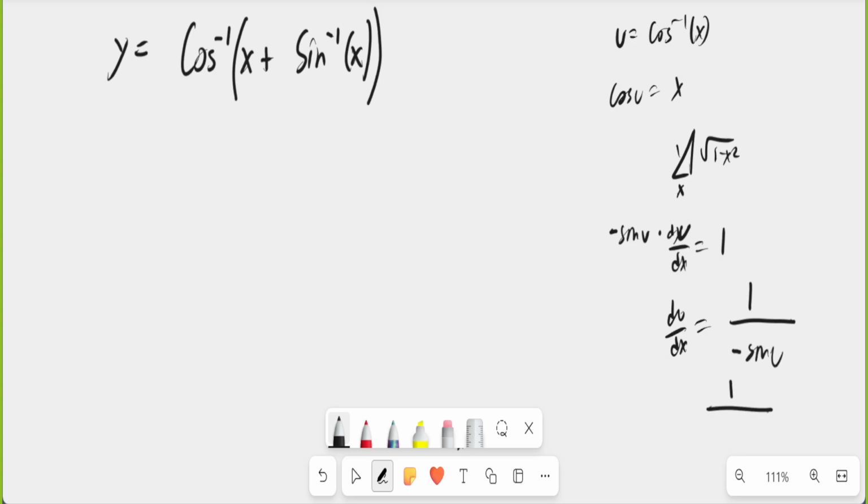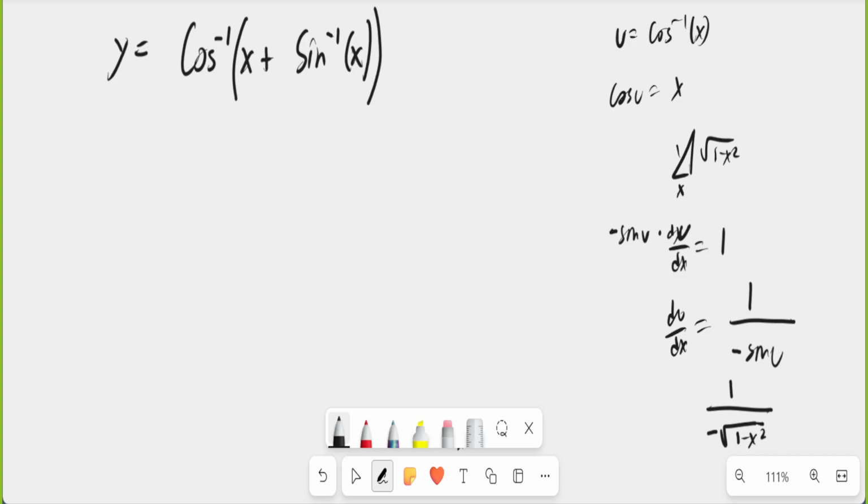So 1 over negative square root 1 minus x squared. Is that the derivative of cosine inverse x? Can you guys hear me? Yeah, seems right. Okay, all right, cool. I don't remember there being a negative there, but maybe it's just because I haven't done this in a while.